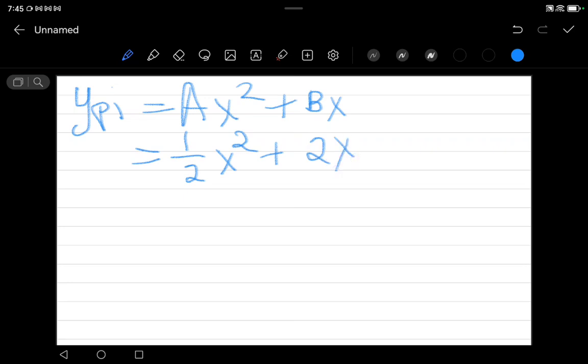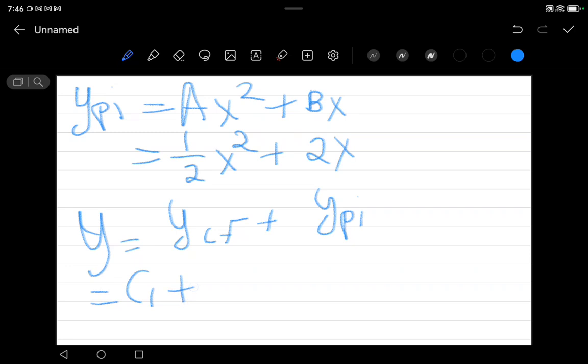So this is how we determine YPI, and then at the end of the day, our y is going to be YCF plus YPI. Our YCF was C1 plus C2 e to the power of minus 2x, and my YPI is positive half x squared plus 2x.